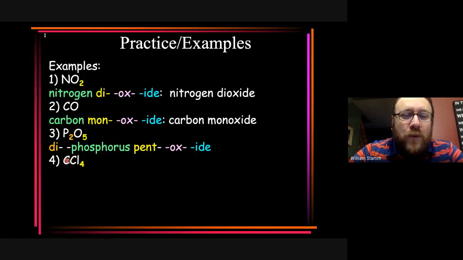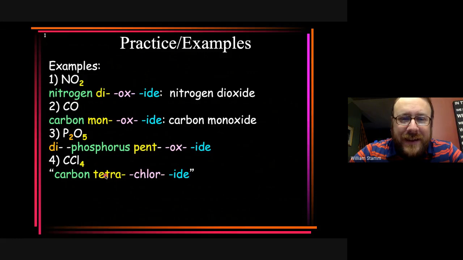There's 1 carbon and 4 chlorines. So if we only have 1 carbon, it's not monocarbon, it's just carbon. And then 4 chlorines, the prefix for the number 4 is tetra. So it's carbon tetrachloride. Tetra meaning there's 4 chlorines, and ide at the end.